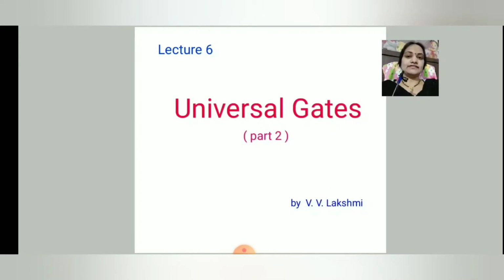Out of these 7 gates, 2 gates are called as universal gates. These gates are NAND gate, NOR gate. In my last class, I have explained you about NAND gate as universal gate. Today, in this class, I will explain you how NOR gate acts as universal gate.